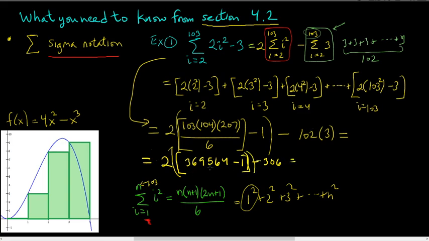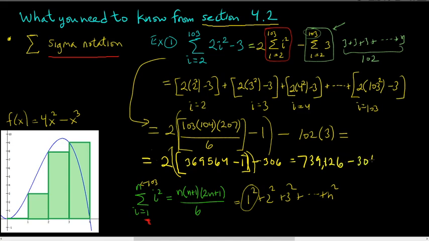All right, so obviously 369,564 minus 1 is 369,563, right? And then when you multiply that times 2, you get 739,126.